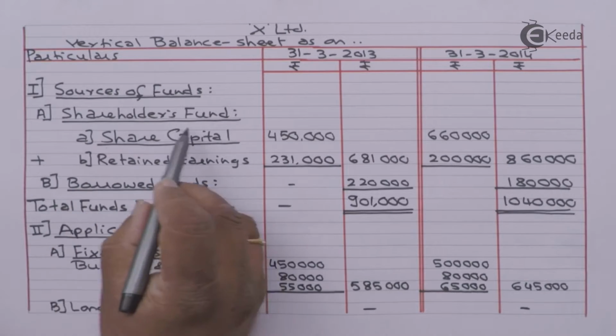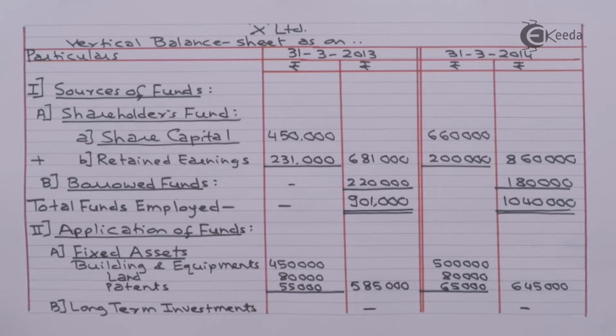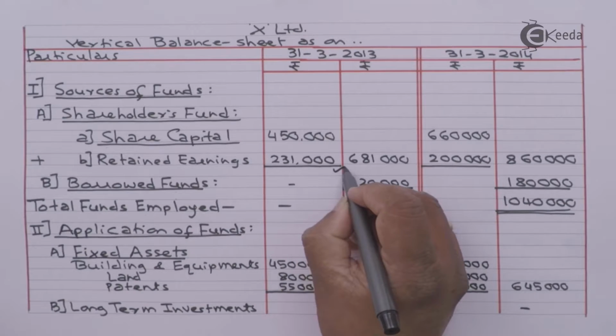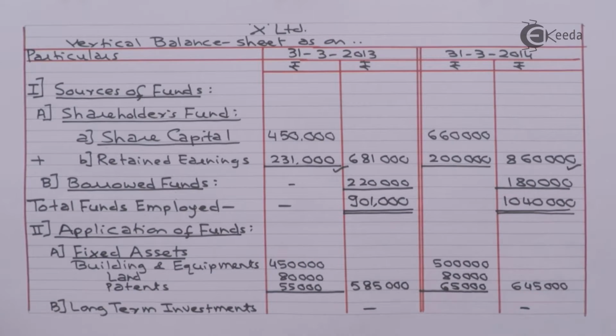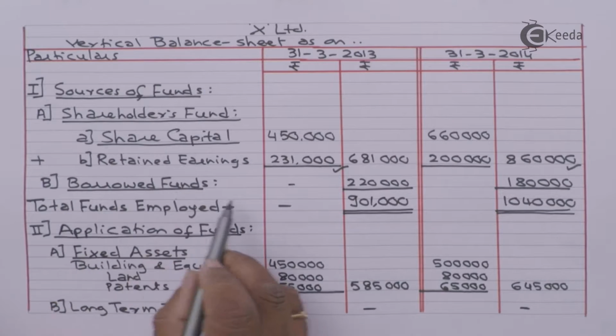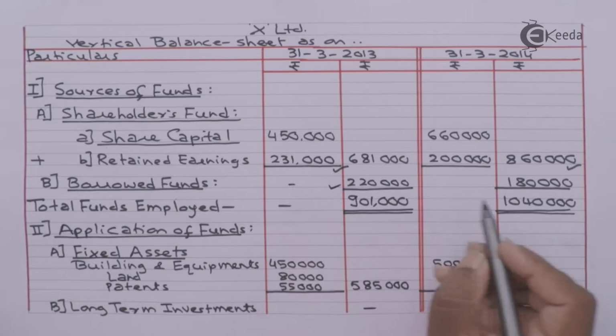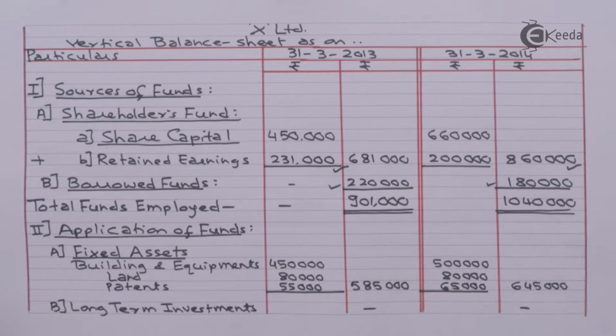Proprietor's fund means shareholders fund, where we have values 6,81,000 and 8,60,000. Borrowed fund means here debentures 2,20,000 and 1,80,000.